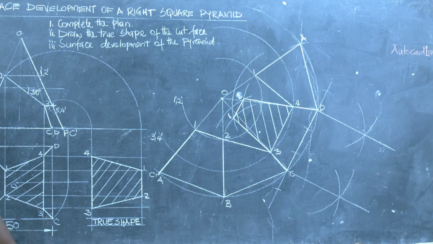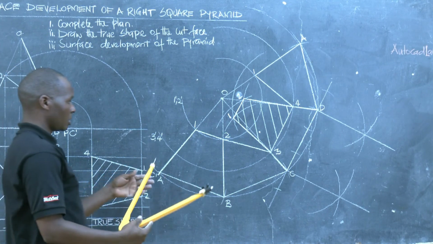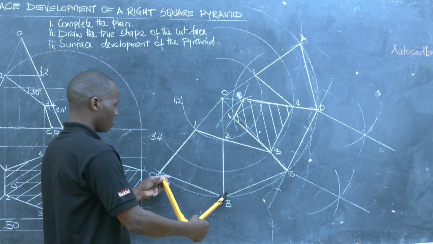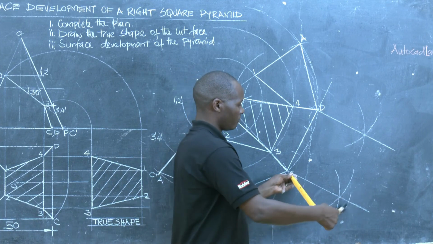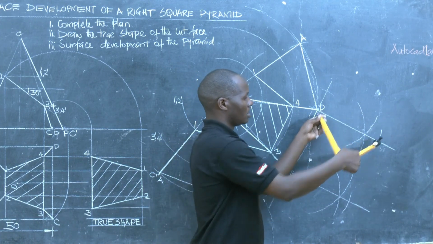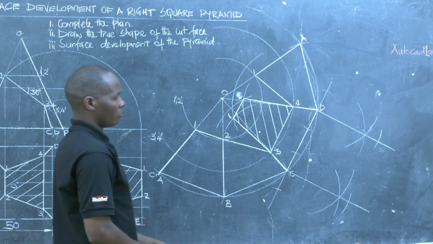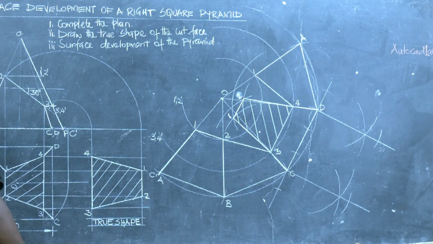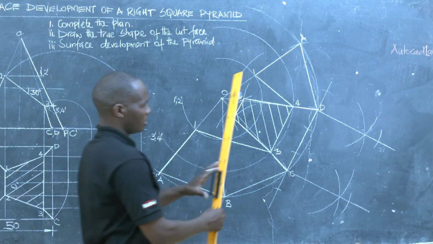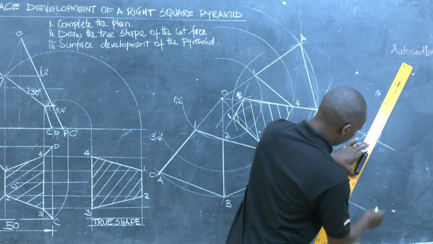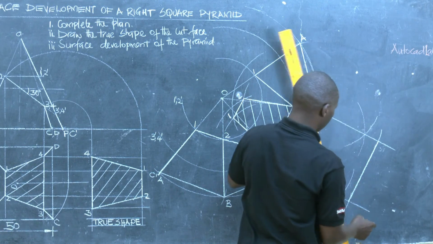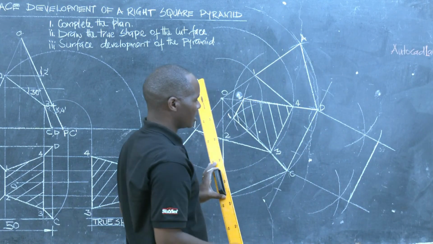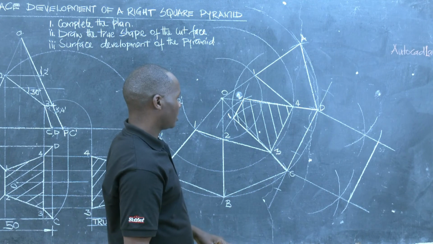Then using our compass again, we know our base has edges of 50 millimeters, so we can pick any edge, AB or BC, it's the same. Then we define the extent of our base. Then that will give us the base of the truncated pyramid.